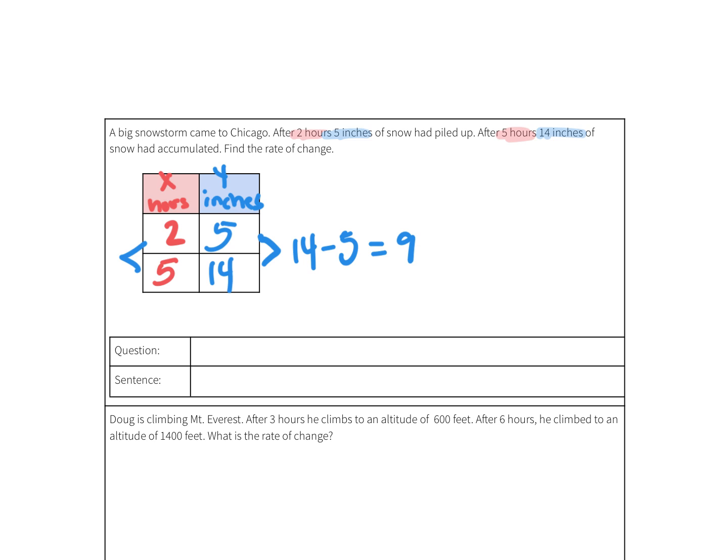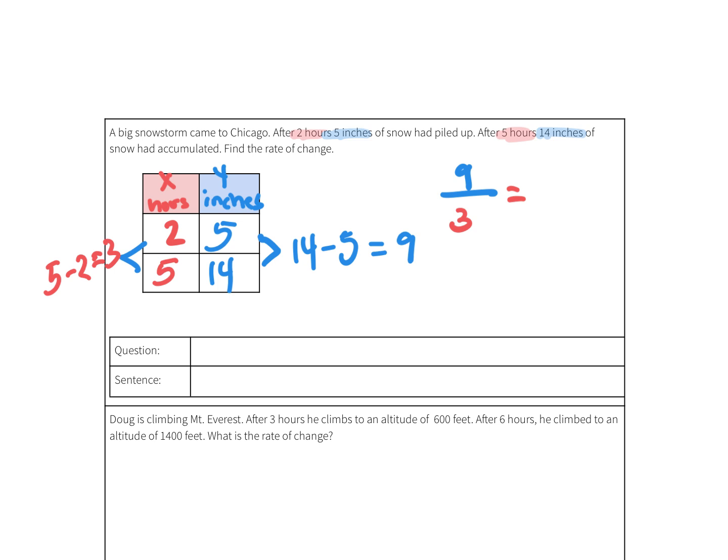And 5 minus 2 is equal to 3. We did it, all right? So then my rate of change would be my change in Y is 9, my change in X is 3.